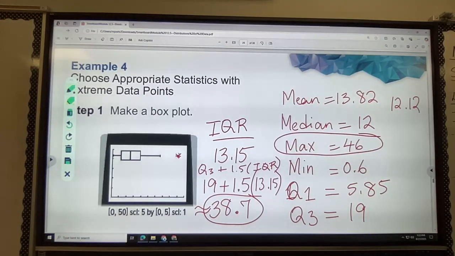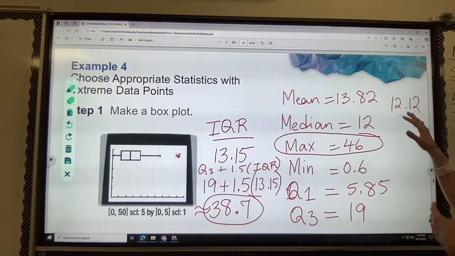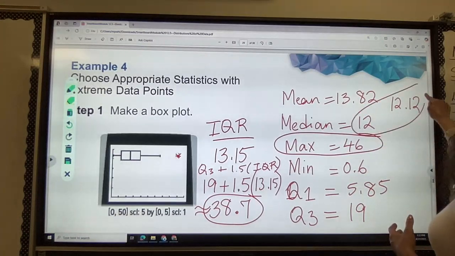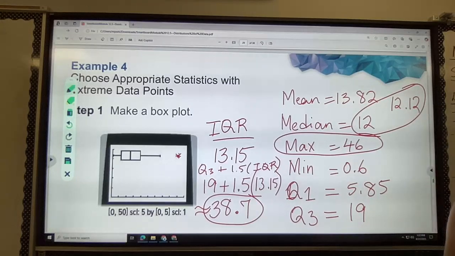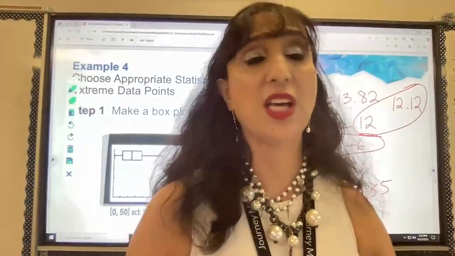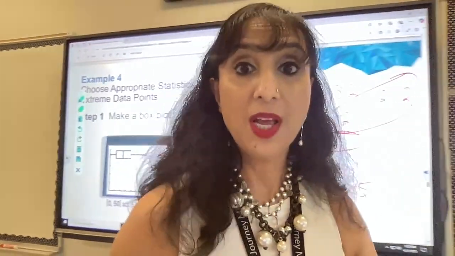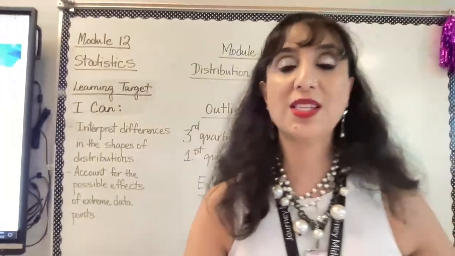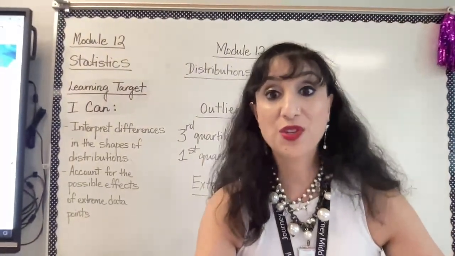Without the outlier, the mean and median are closer to the same value, as you can see. And that's basically what this entire lesson is about, guys. Pretty clear cut and super simple, especially with technology that you can use. It makes graphing super simple.